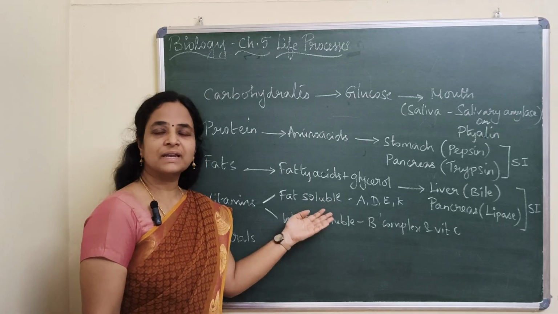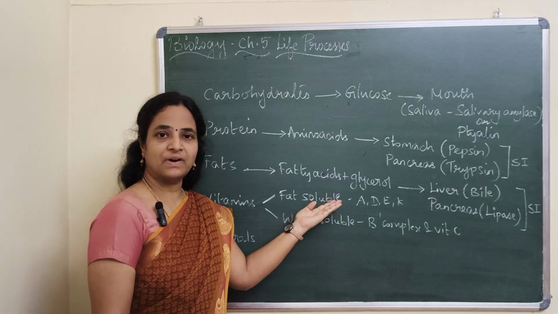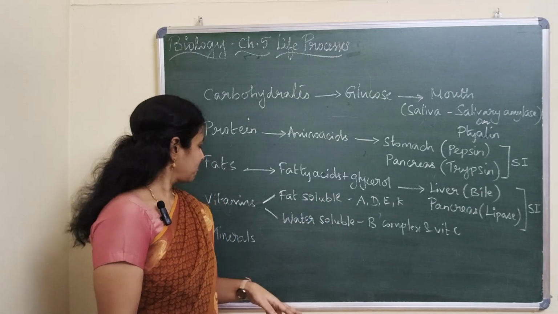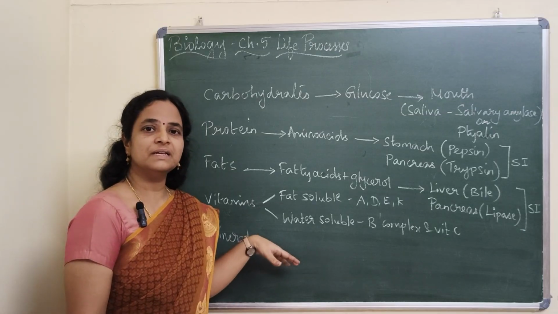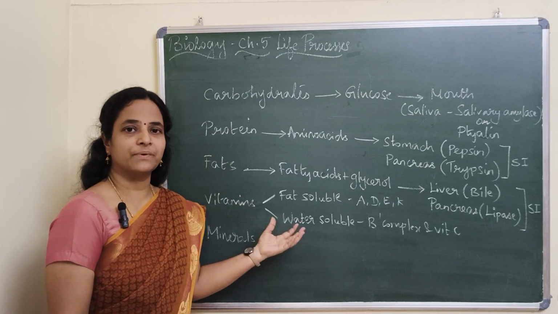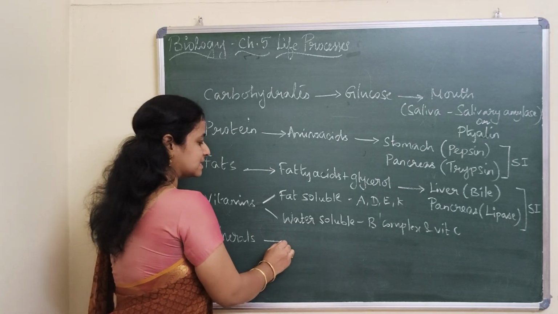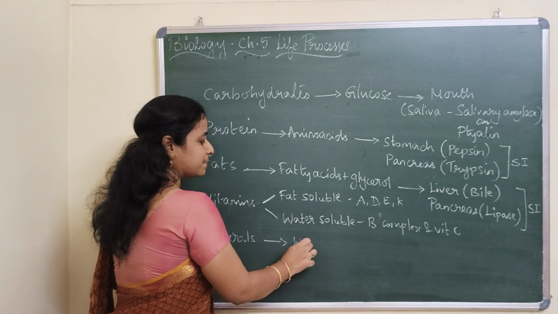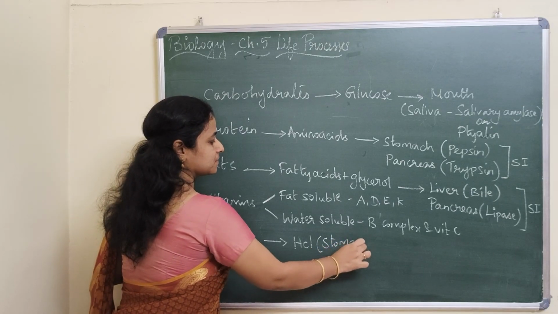They do not require any digestion process. They are readily absorbed either in fat or in water. And the next component is minerals. Similarly, minerals do not undergo a big process of digestion, but they can easily be digested by the production of HCl in the stomach.